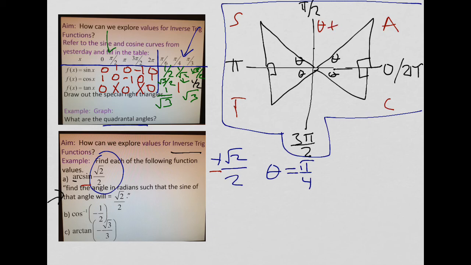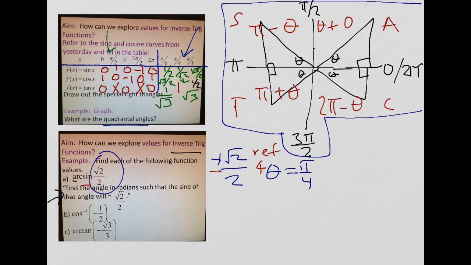So you think of this as your reference angle, theta. And so you add it to 0, or you subtract it from pi, or you add it to pi, or you subtract it from 2 pi. And that would give you more than one answer for this problem.